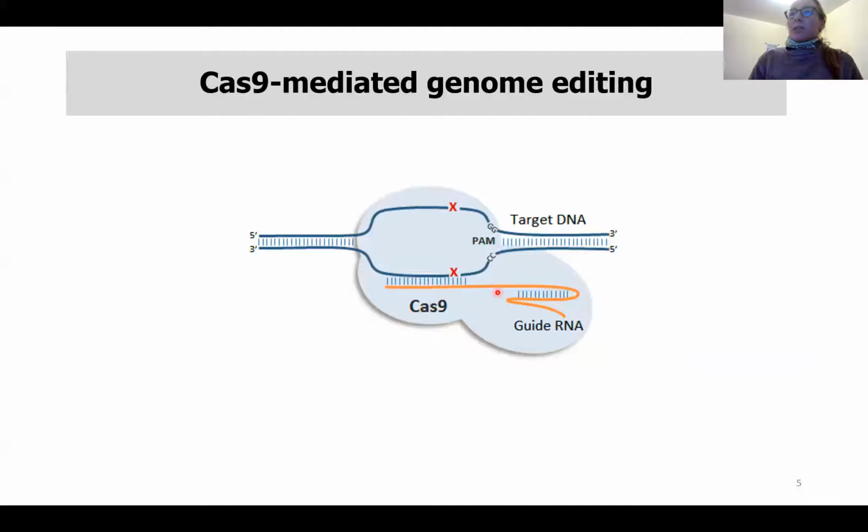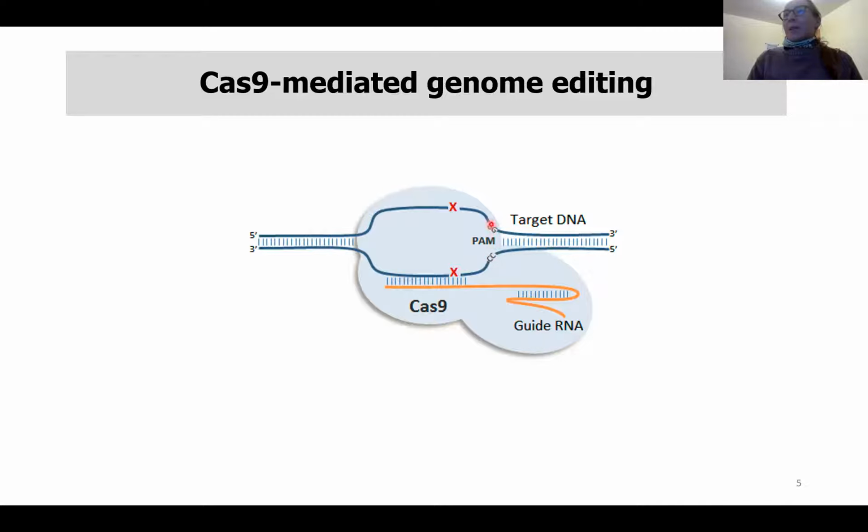And Cas9 is actually painted as a blob, as I say. And it's funny because Cas9 is painted like a blob, which recognizes a short sequence called PAM. PAM sequence is protospacer adjacent motif.